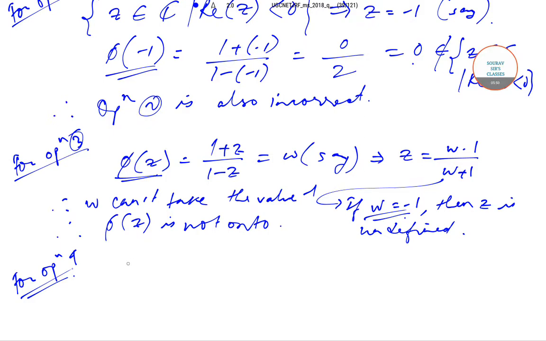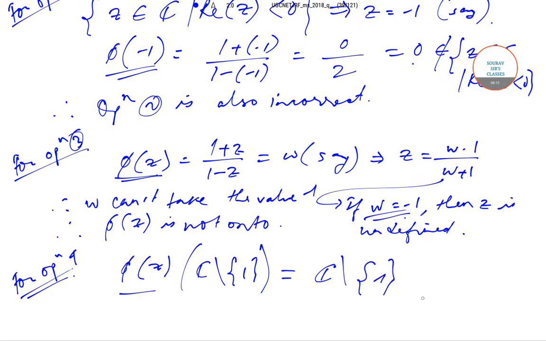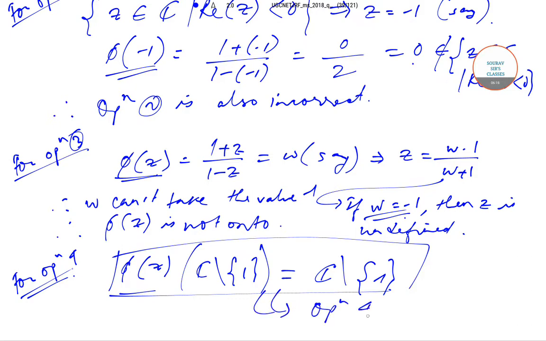So therefore we can say that it has been given that if C takes all values except the value 1, in that case phi of z will be basically all the values except the value minus 1, and this is option 4, and therefore option 4 is correct.